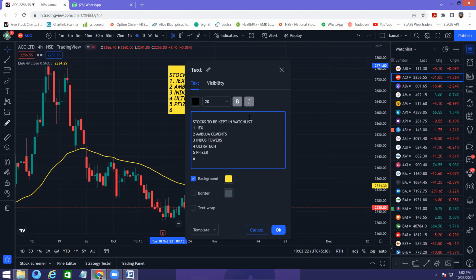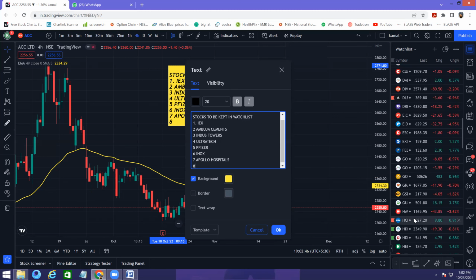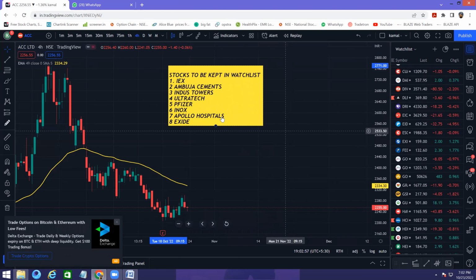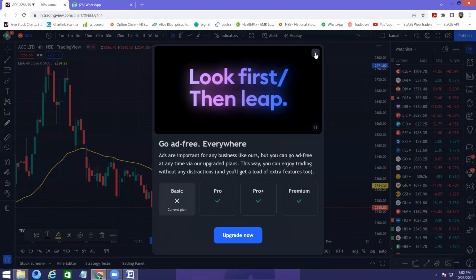What was IEX? Inox. So these are the stocks which we have potentially identified that they can give us a good run.